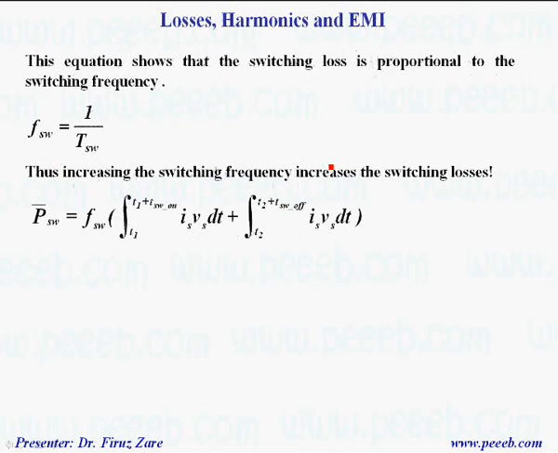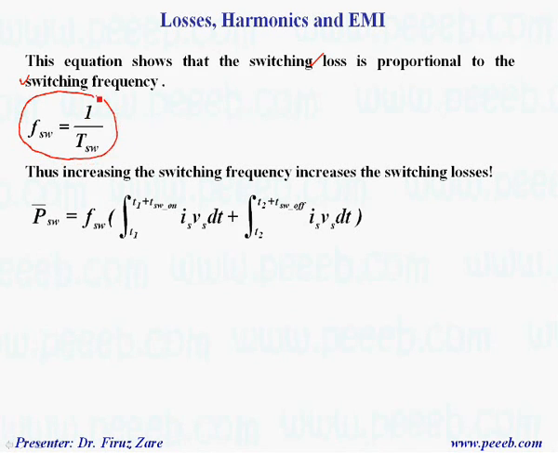We can show that the switching loss is proportional to the switching frequency. Based on this simple equation, the switching frequency equals 1 over the switching cycle, so we can put it in the previous equation, and the switching loss equals the switching frequency times the switching losses associated with the on and off times.